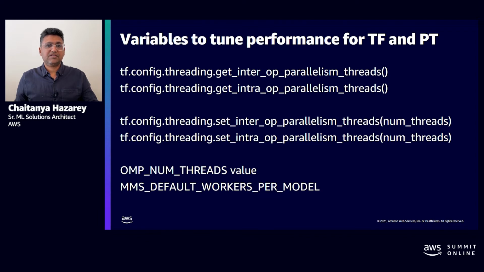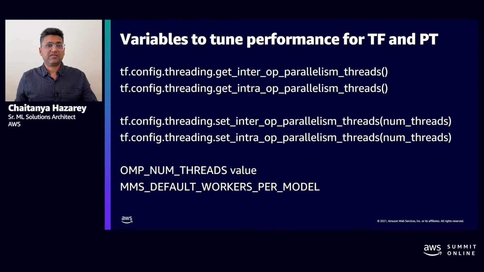This determines the number of threads that can be used for certain operations like matrix multiplication and reductions. OMP num threads is used to control the number of threads spawned per CPU core. MMS default workers per model controls the number of threads doing inference per model.